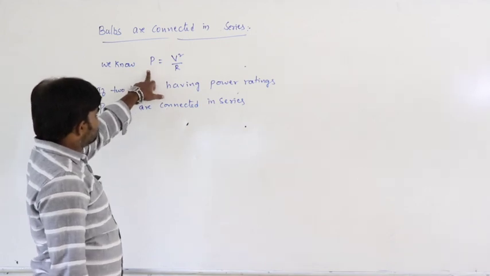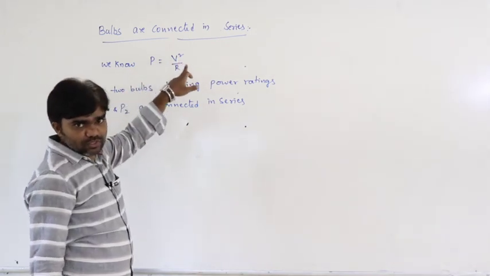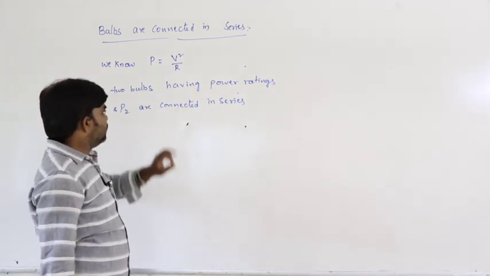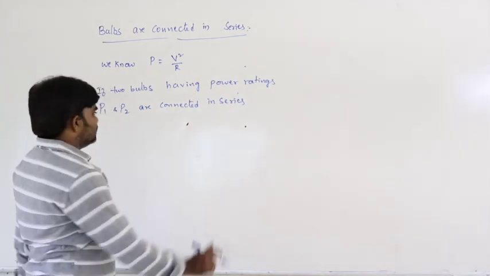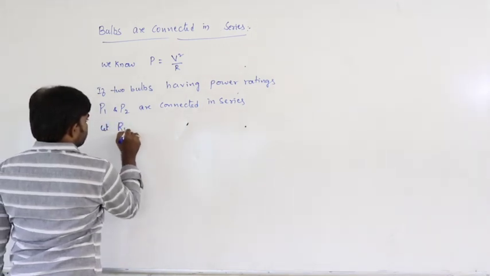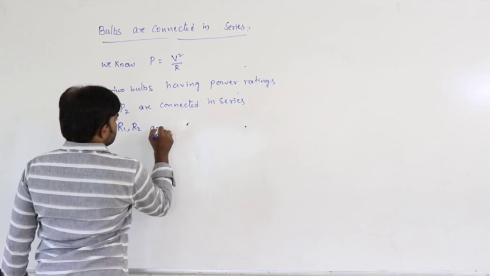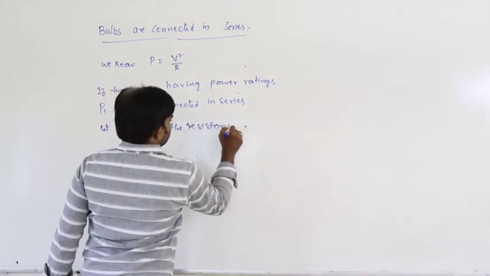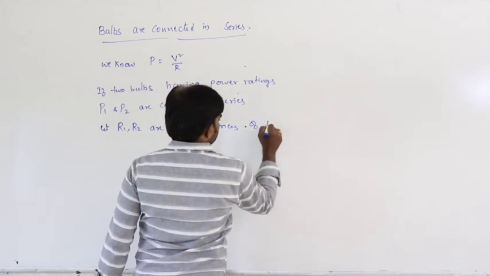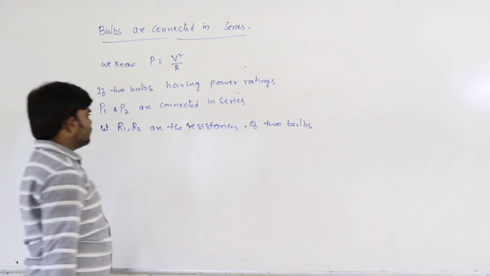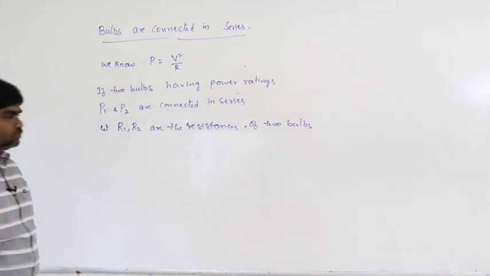We know the concept power is equals to V square by R. Let R1, R2 be the resistances of the two bulbs.